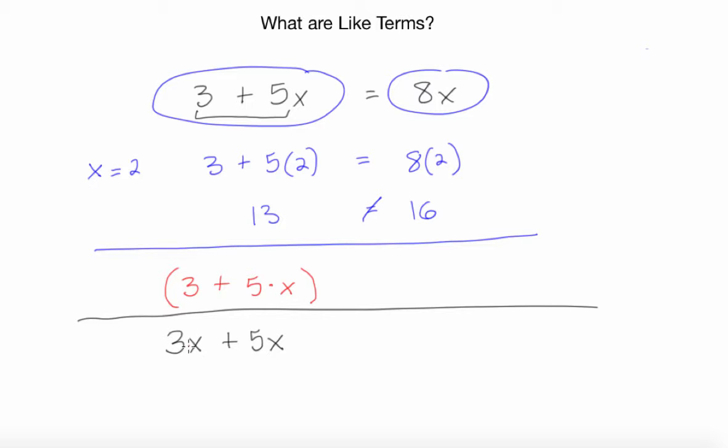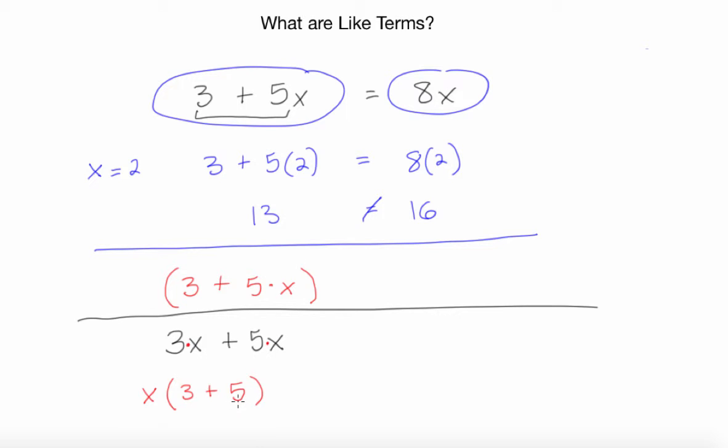So in other words, this is the same as 3 times x plus 5 times x. They're both multiplying x. So I could actually pull that factor out and say, okay, that x is multiplying both the 3 and the 5. So let's put it out in the front and use my parentheses to say x is going to multiply this whole group. It's multiplying the 3 and the 5.